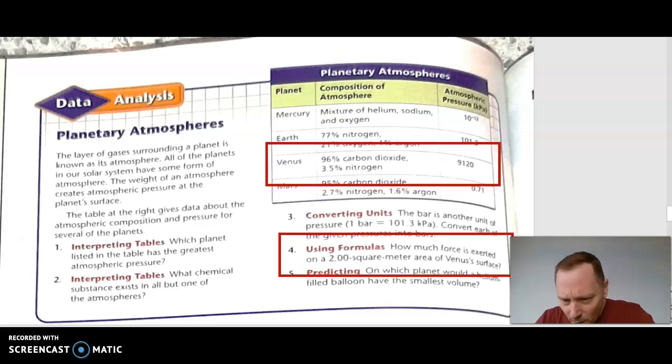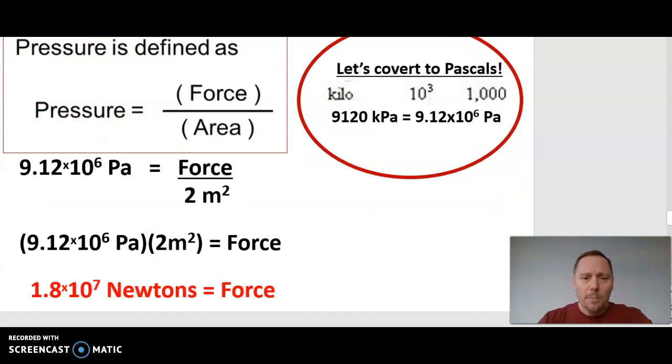Next, number 4, how much force is exerted on a 2 square meter area of Venus's surface? That's a tricky one. We have to remember that pressure is force divided by area. But the first thing we've got to do is take the chart's number, given in kilopascals, and convert it to pascals. We know our pressure, we know our area.